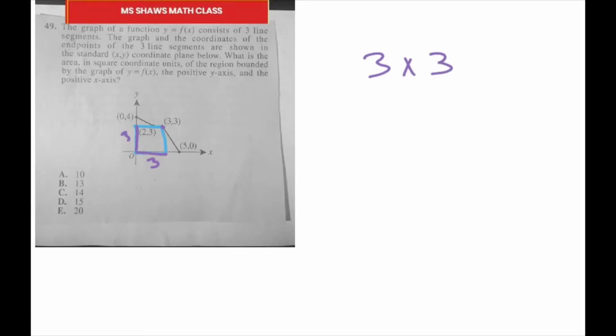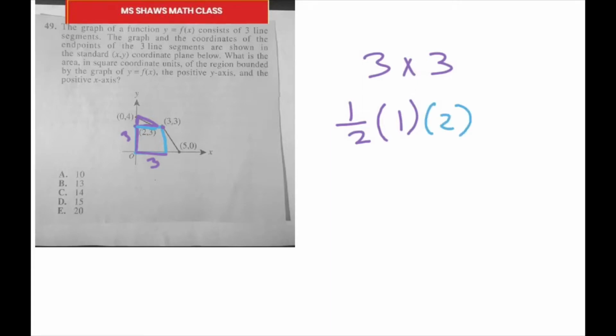All right. Then we're going to do this triangle. So that's going to be 1/2 base, and this is just going up by 1. So 1/2 times 1, and the length here is the height, so that's 2.